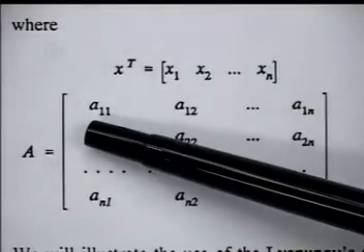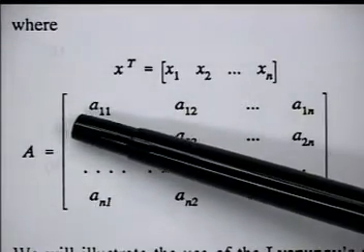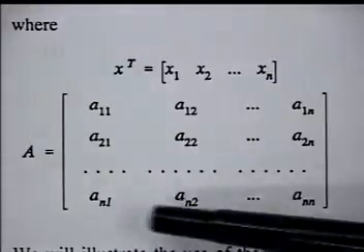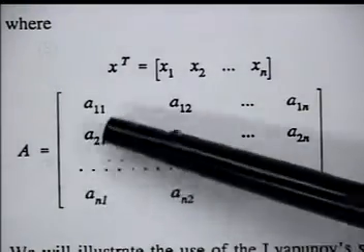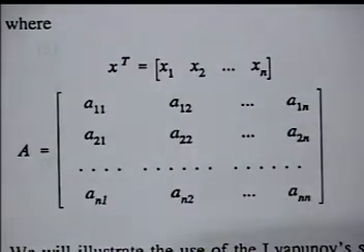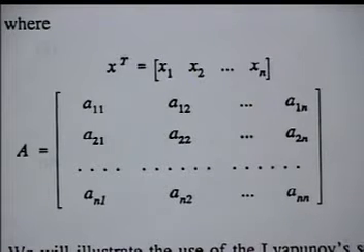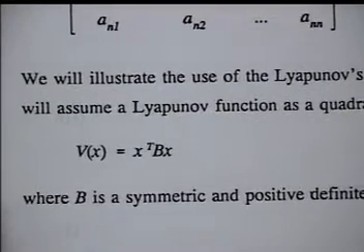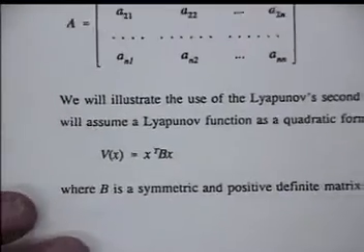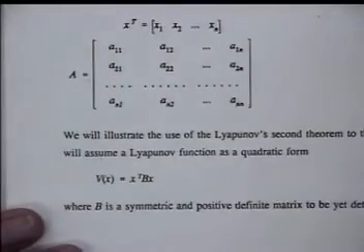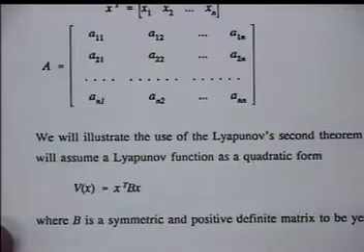Now, 1,1 says that this element is in the first row and first column; 2,1 means it is in the second row and first column, etc. The first index tells us the row number, and the second index gives us the column number, as we know. Now, we want to discuss stability of the system, so we would like to use Lyapunov's theory for this system.